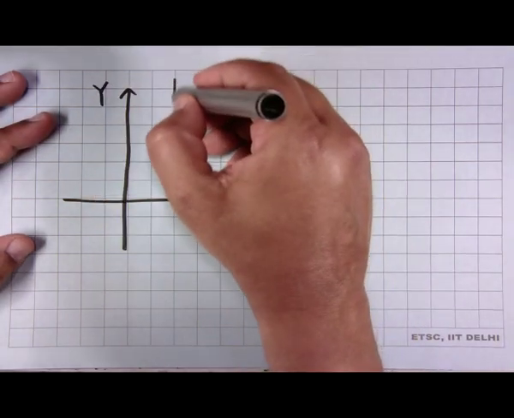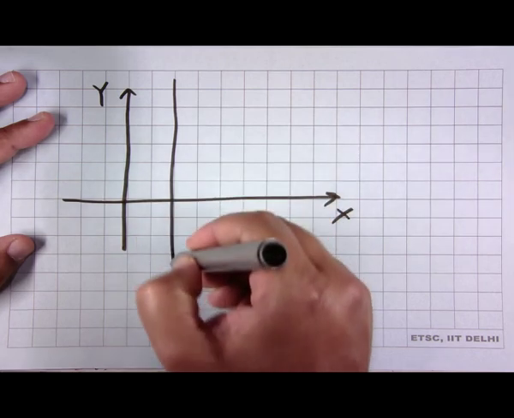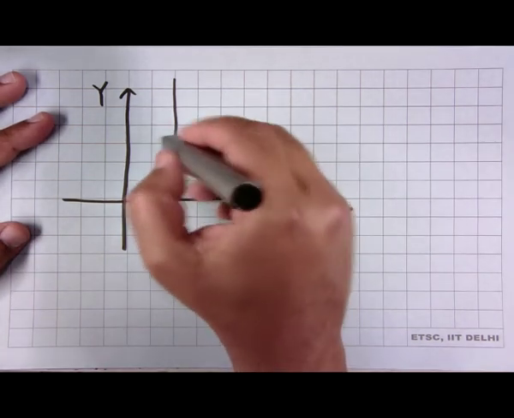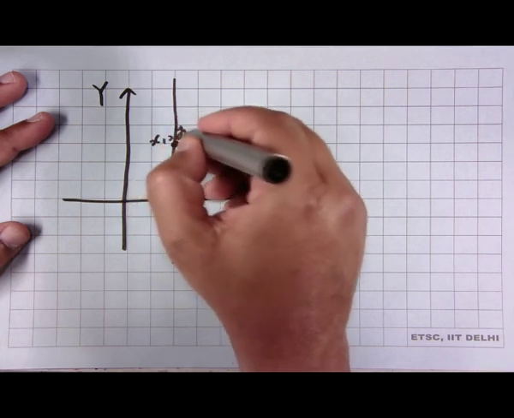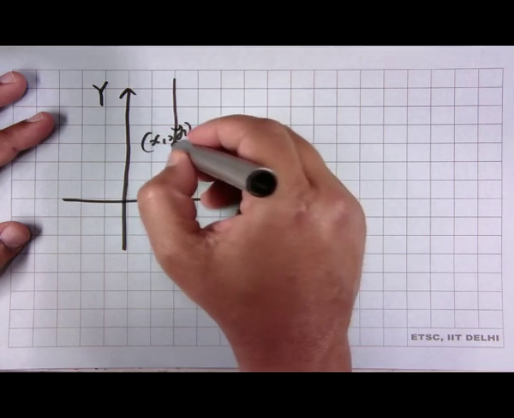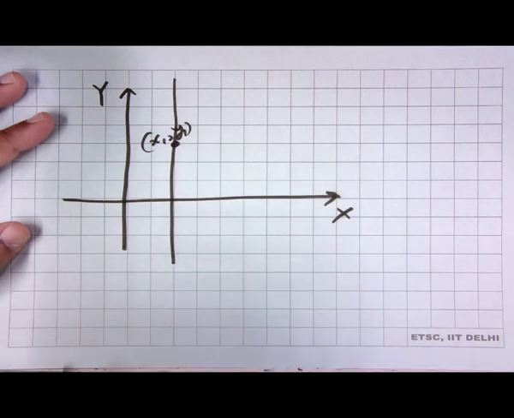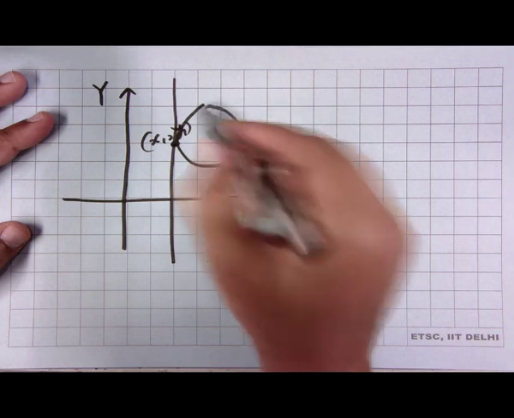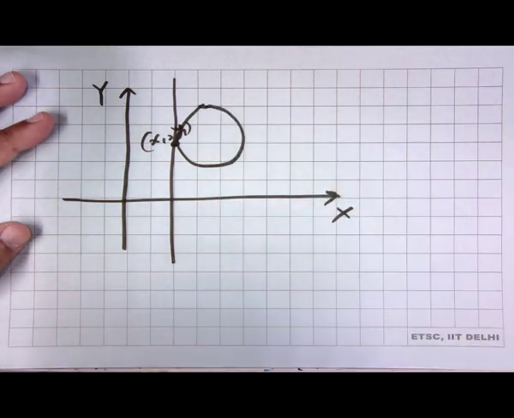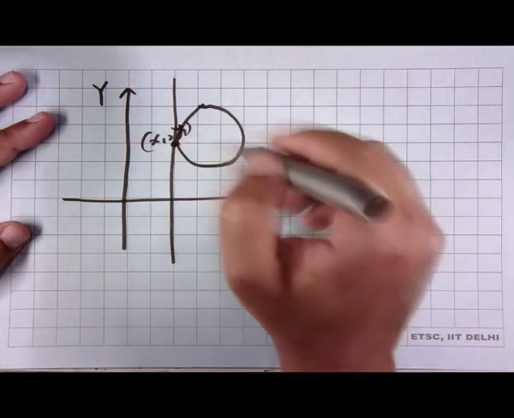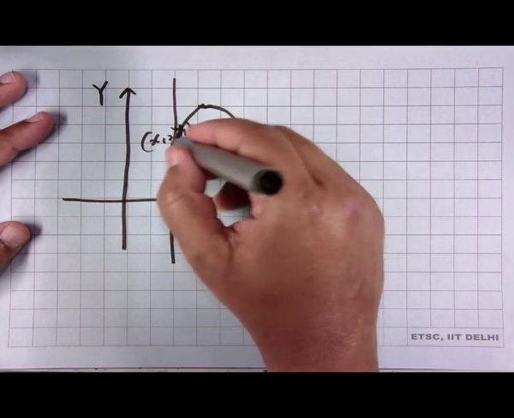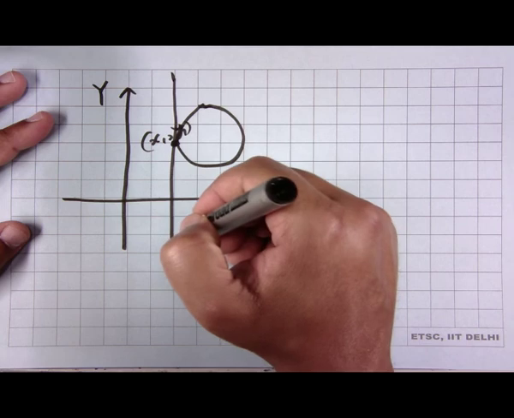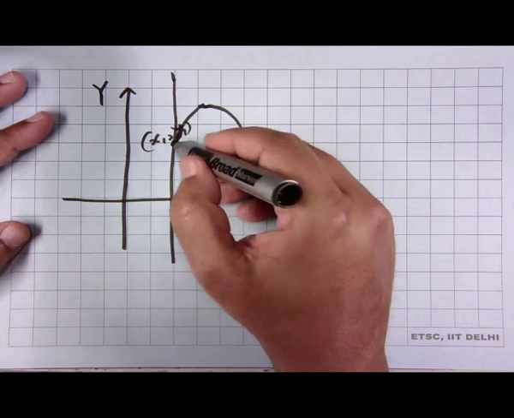So, suppose this is the straight line which is parallel to the y-axis. Here is the point x1, y1, and we are looking for all such circles which touch this straight line at this point x1, y1.